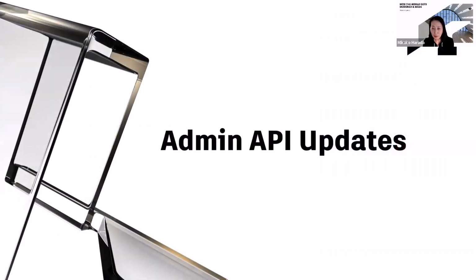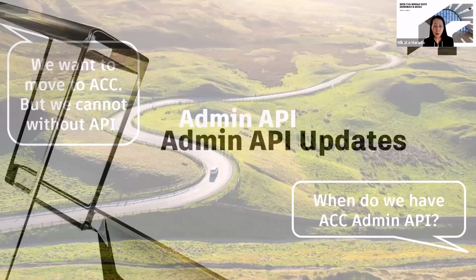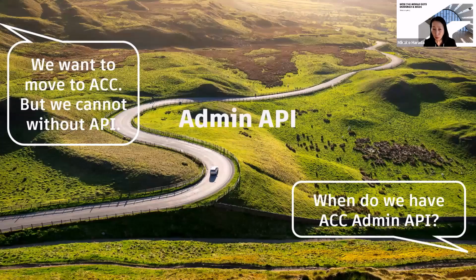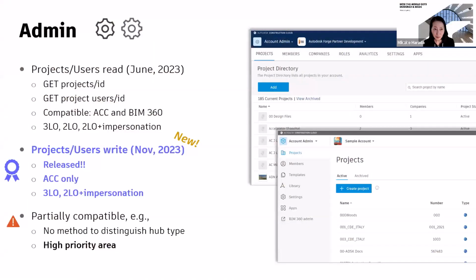Okay, first, admin API update. The admin API is probably one of the most highly demanded features, and we had a long wait period, but finally, during the AU time, we announced it. The project and project users read API was released as a beta in June, earlier this year.